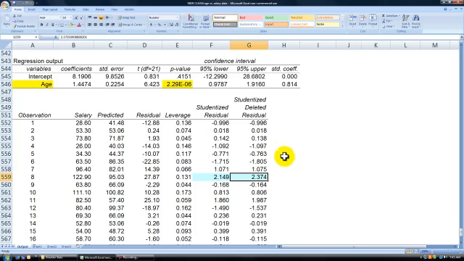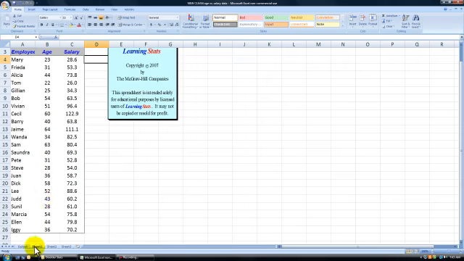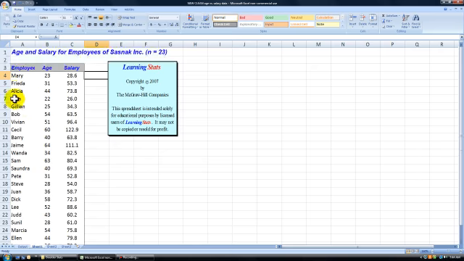And I might want to go back to that observation number 8, and see what's going on there. Cecil. Yeah, she's 60 and makes 122,000. That's significantly higher than the other people in our data set, so that makes sense. You just want to look back at your outliers and ask, is this an error in data entry, or is this legit? And it is in this case.